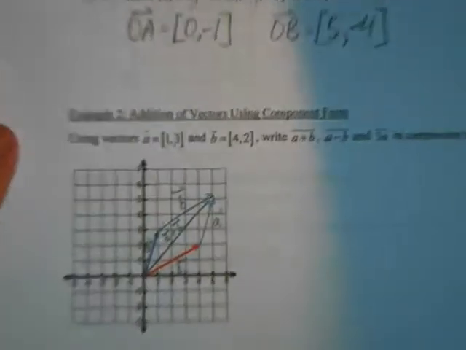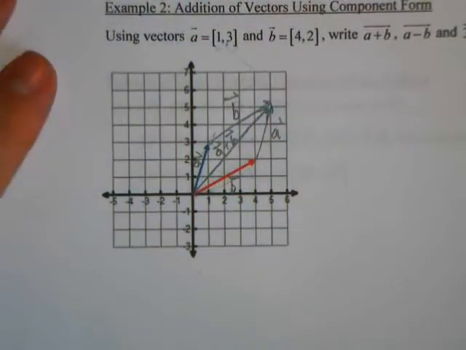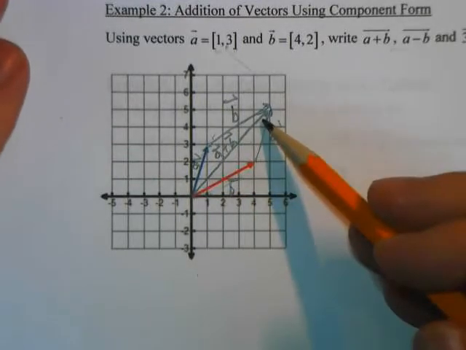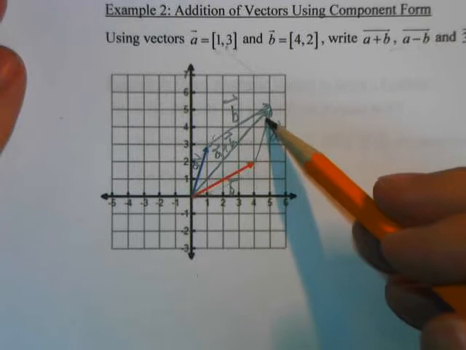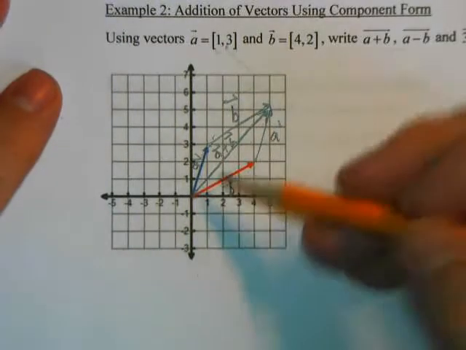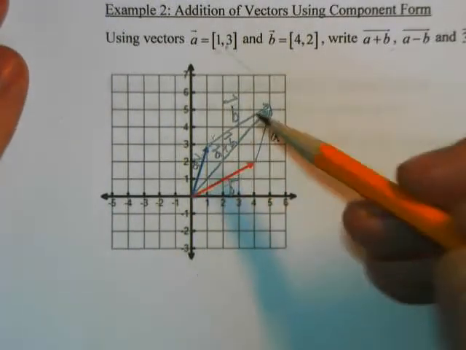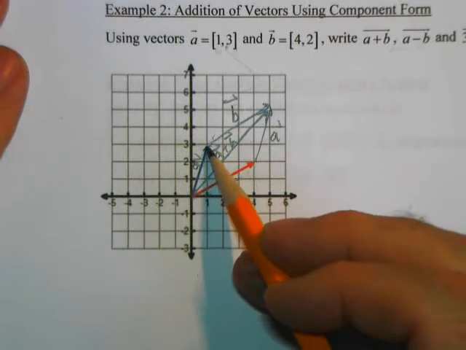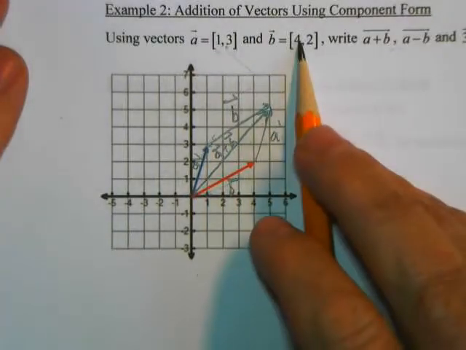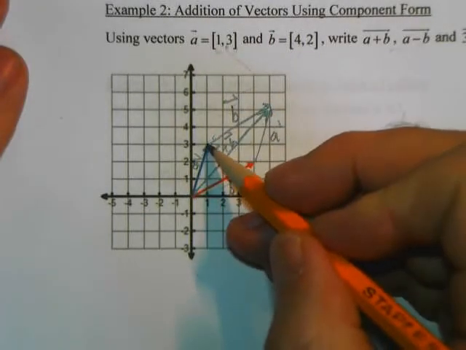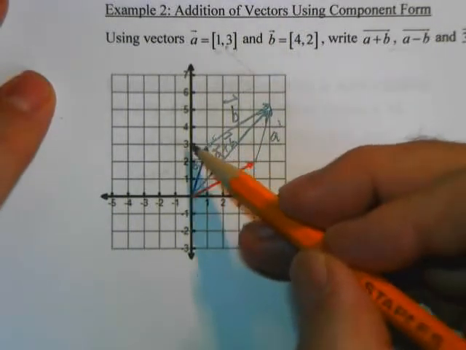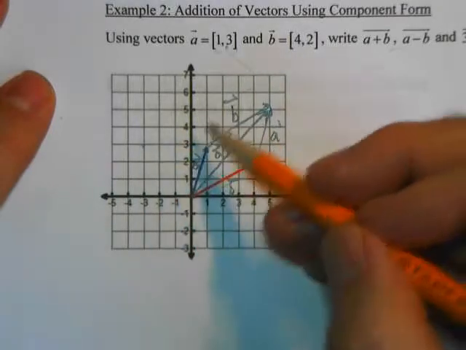Let me just zoom in so you can see that better. Okay, so we've got A and B here a couple of times, and then A plus B is formed by combining the vectors. Now, if I did negative B, so if I want to do A minus B, well, there's A. Now, if I redrew B so that the direction was opposite, so basically it would be -4, -2 for the components. So 4 to the left and 2 down.